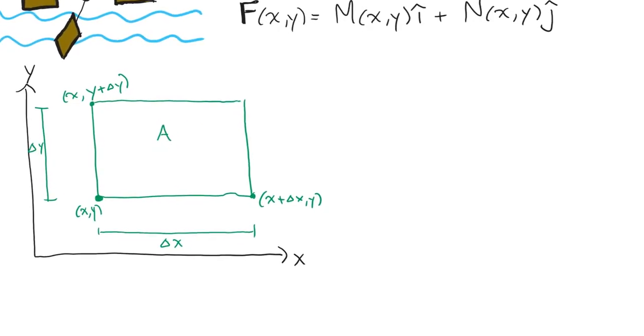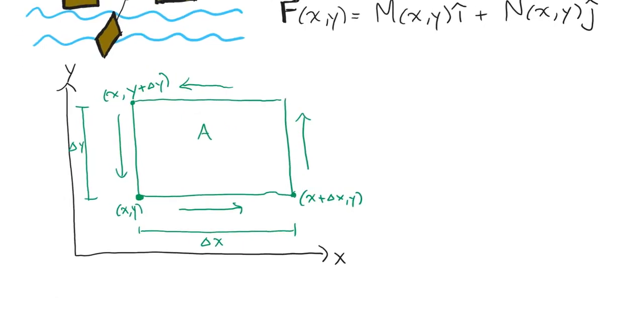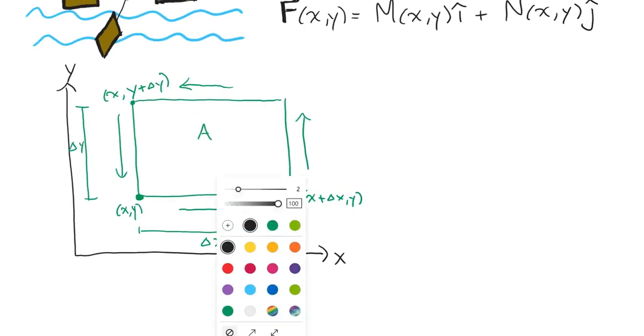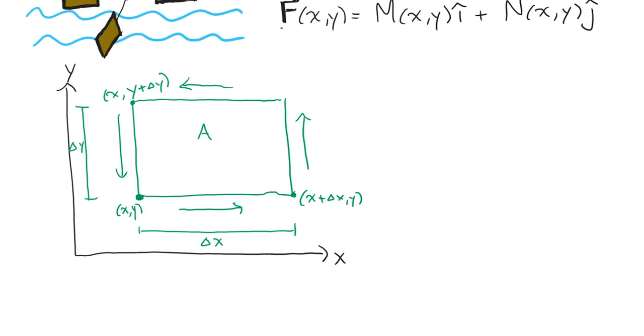So let's do that. Let's figure out what the circulation about each side is, and then add that together. Well, one more thing that we will draw in here that will help us do that is, let's recall that this is a vector field f of x that is being mapped out on the xy plane.